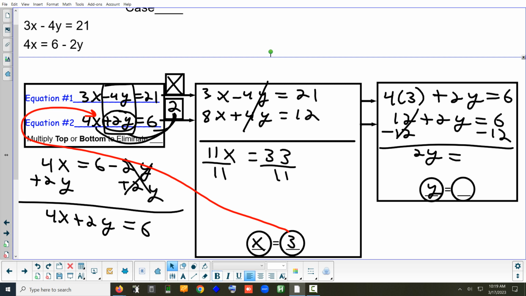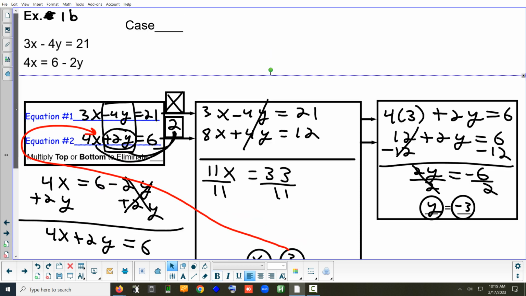But this is 6, take away 12. Negative 6, yep. So 2y equals negative 6. Dorian, how do I finish that up? Divide both sides by 2. And that's going to give me how much? Negative 3. Perfect. So y equals negative 3. Okay, any question on that one?